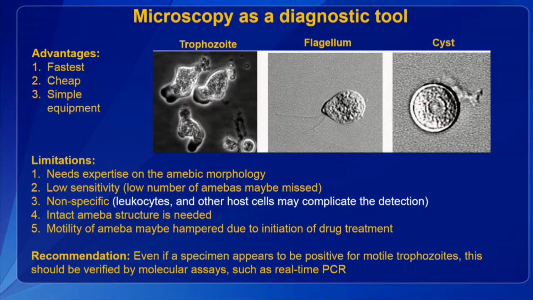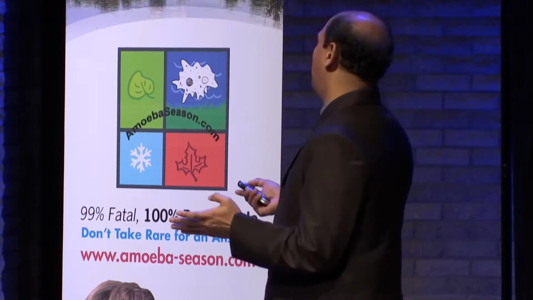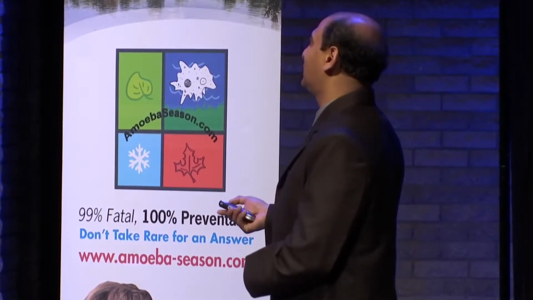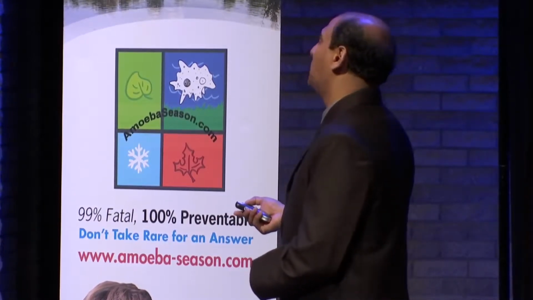will not require any sophisticated instrument. But it has several limitations too. It will need expertise to know the amoebic morphology, and it has low sensitivity, it is not specific.